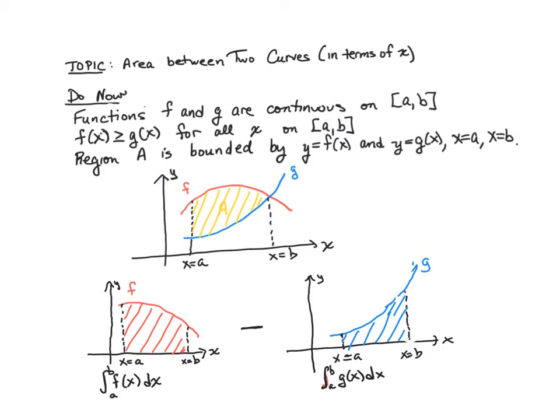We take the red area under f and subtract the blue area under g. So it's the difference of these two integrals, which by properties of definite integrals would be the definite integral from a to b of f of x minus g of x with respect to x. Let's look at it another way.